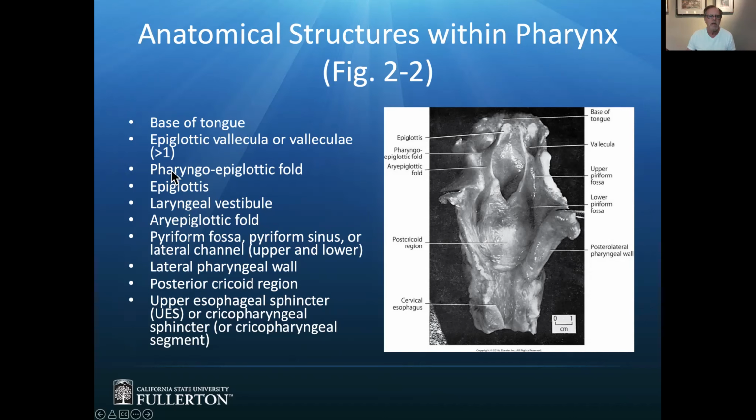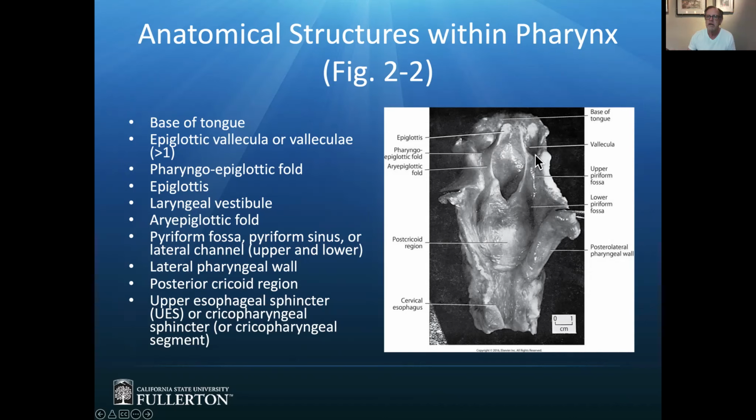All right, the pharyngoepiglottic fold is a little fold of tissue that completes the posterior wall of that vallecula. In other words, if you have trouble clearing things and you have residue after the swallow in the vallecula, the reason that residue sits there rather than just running down the rest of the throat is that there's this little fold of tissue.